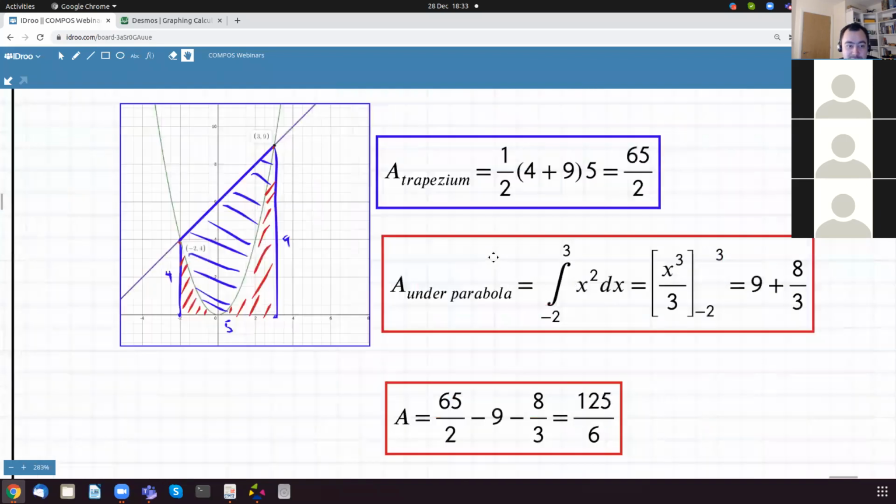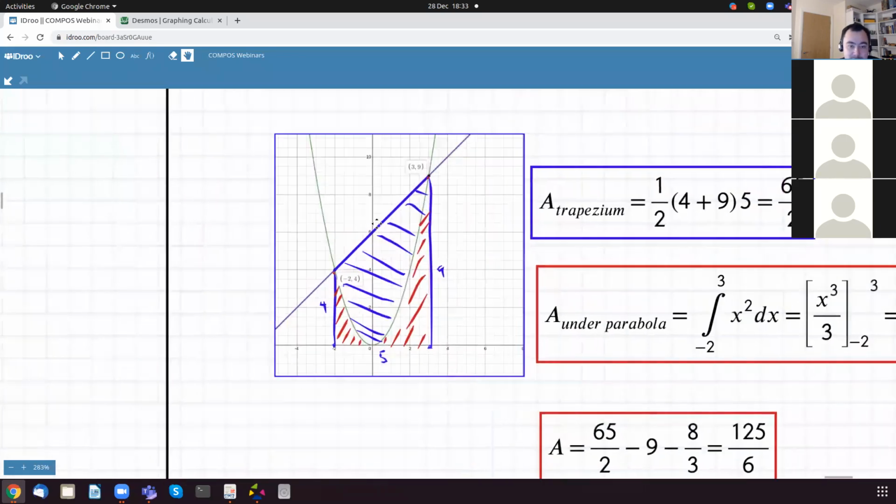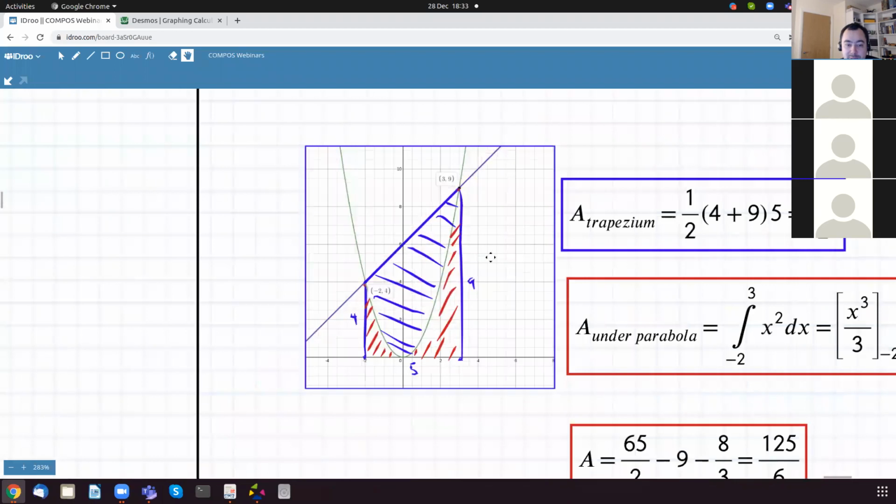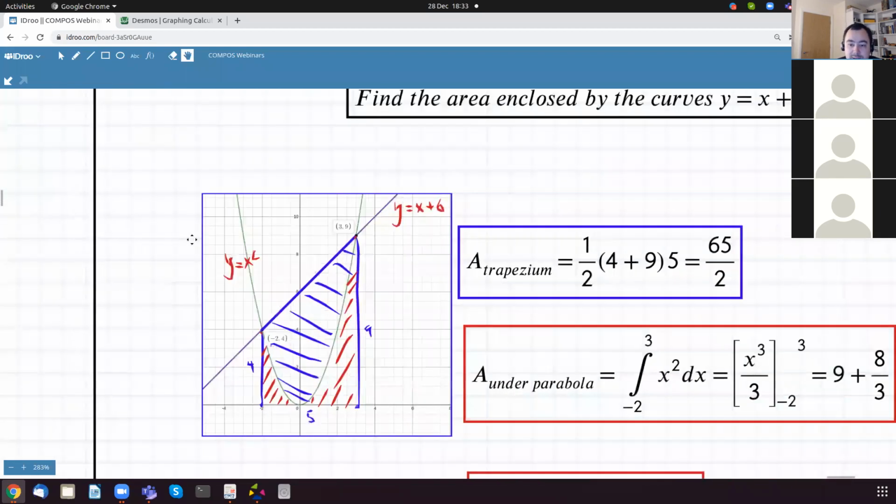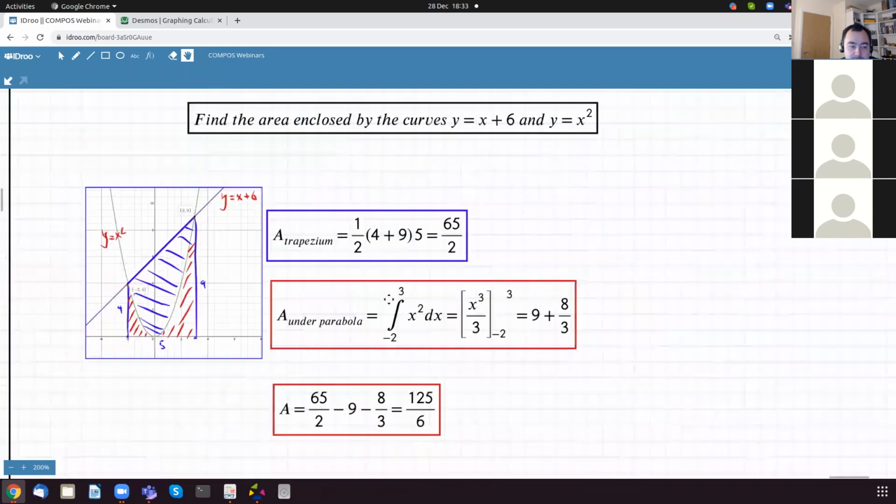Now, you could do it in a different way. Instead of finding the parabola, you can say, well, I know that this graph is y equals x plus 6, and this is y equals x squared.